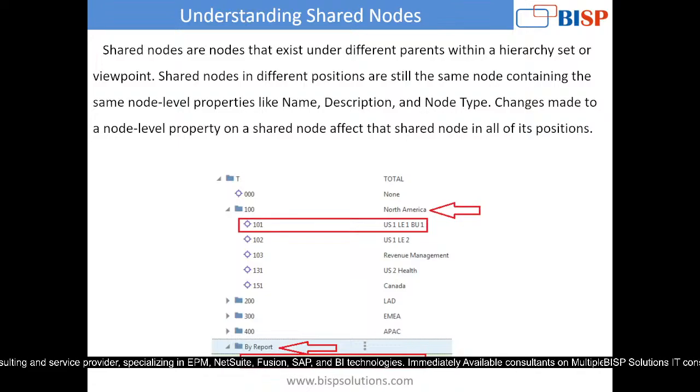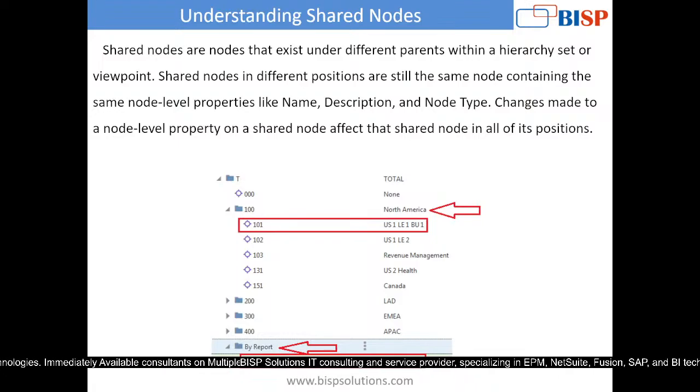Shared nodes: suppose we have a list of entities. We have an entity hierarchy, and a list of names of countries or entities, shown as a hierarchy on the screen. Like in FCCS, we have an option to make a shared member within the hierarchy. The same goes with EDMCS.